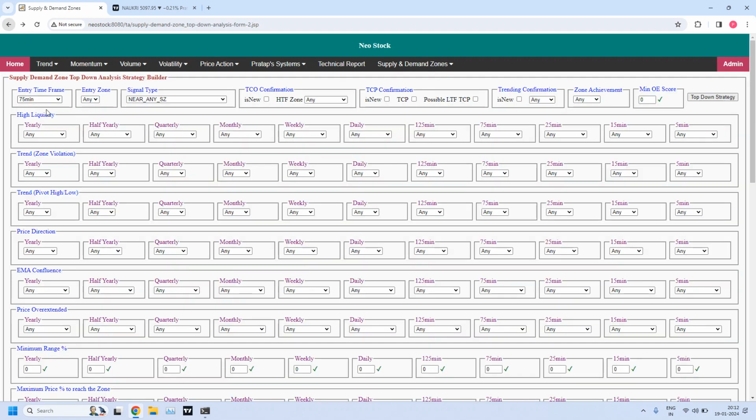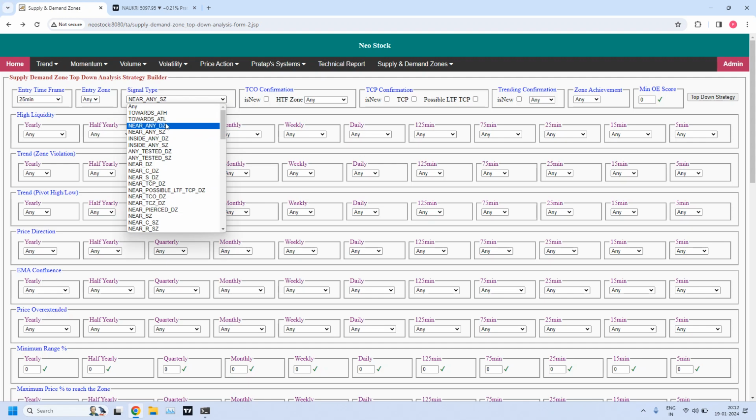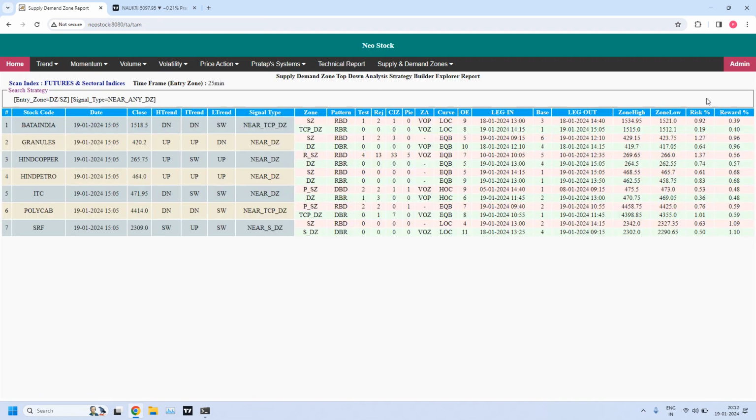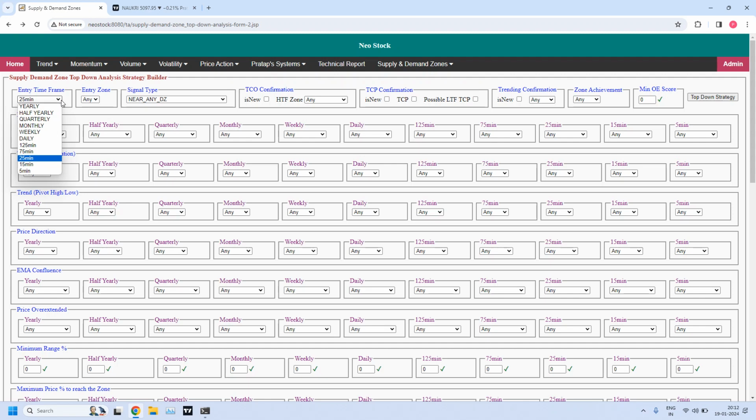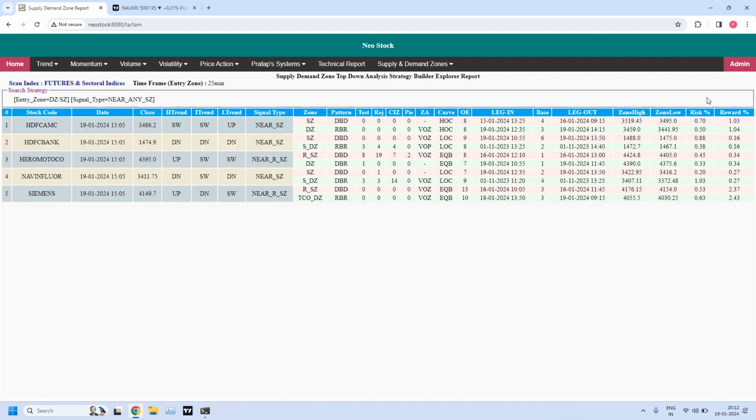So let me go back. Let us change the time frame to 25 minutes. Let us find the stocks near 25 minutes demand zone. These 7 stocks are filtered. Let me go back. 25 minutes time frame. Let us find the stocks near 25 minutes supply zone. So these 5 stocks are filtered.